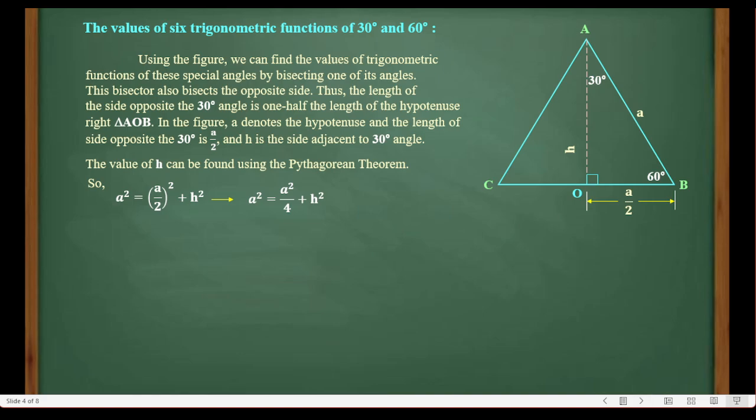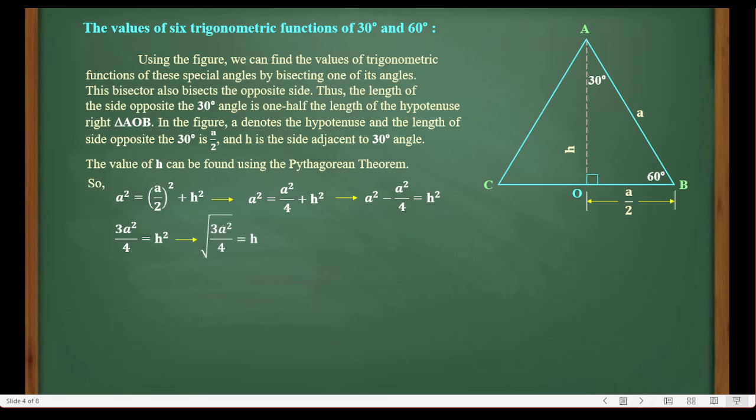Okay, you simplify this term right here, it's A squared over 4. Then you isolate H squared. So A squared over 4 transposed to the left side becomes negative. So A squared minus A squared over 4 equals H squared. Then combine these similar terms, we have 3A squared over 4, which is equal to H squared.